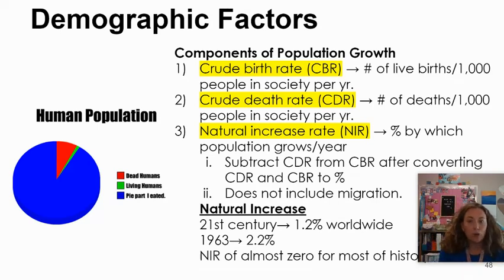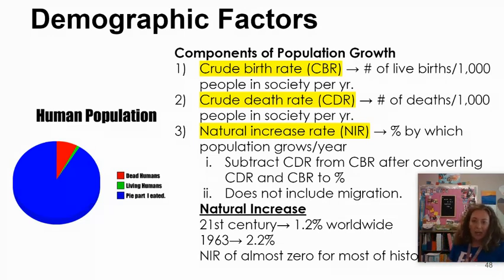Simply put, crude birth rate is the number of live births per 1,000 people in a society per year. The death rate is the same, the number of deaths per 1,000 people. And then you subtract the CDR from the CBR after they get converted into a percentage. What you're left with is called the rate of natural increase.